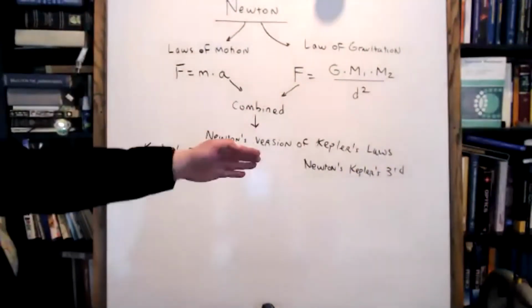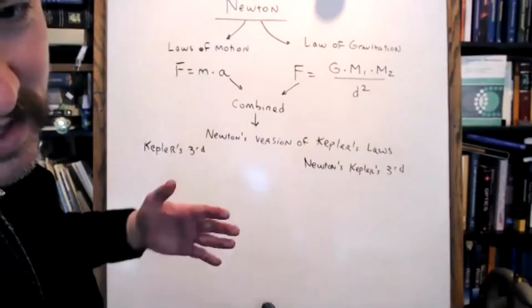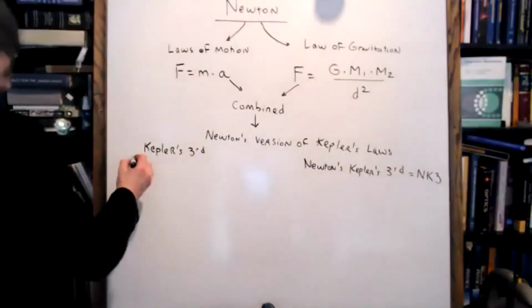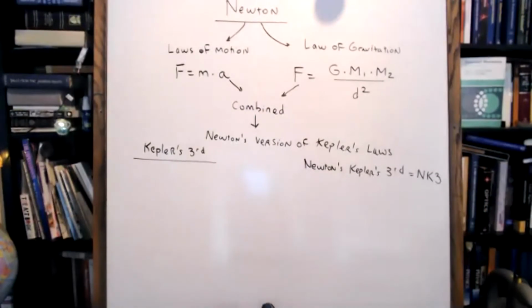Actually, saying Newton's version of Kepler's third law is kind of irritating, so I'm going to refer to that in the future as NK3. Why don't you guys help me by reminding me what Kepler's third law of planetary motion was? If you need to consult your notes, then do it.